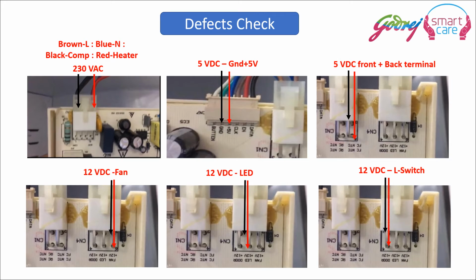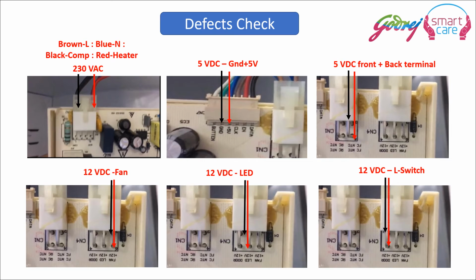Then the third connector is a 5 volt DC connector which houses two different sensors of 2 pins each, and we have to check the outgoing power supply from the spin PCB to the different sensors. Then we have a 12 volt 6-pin connector.